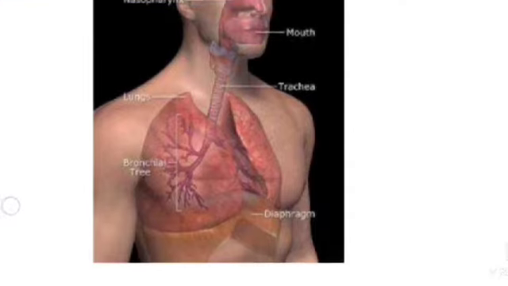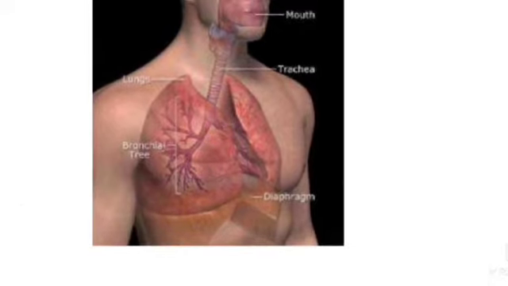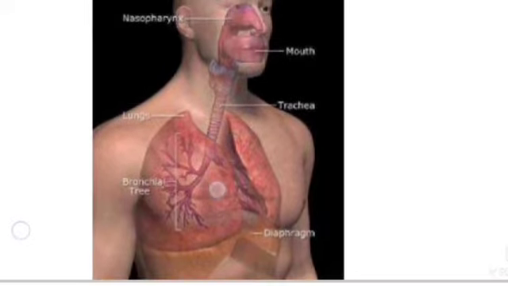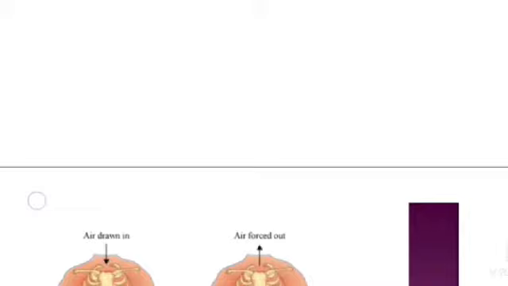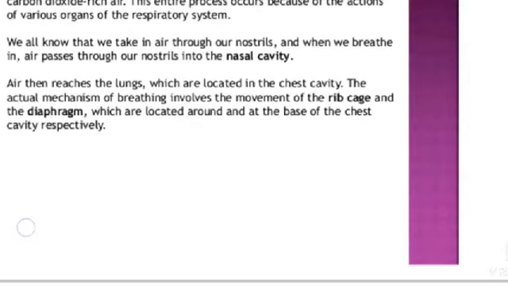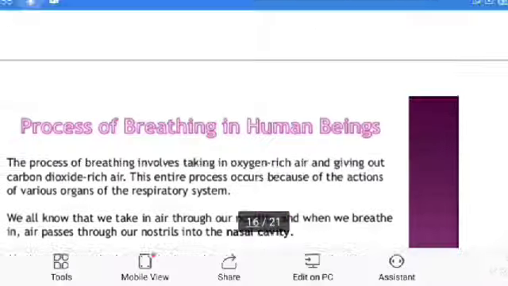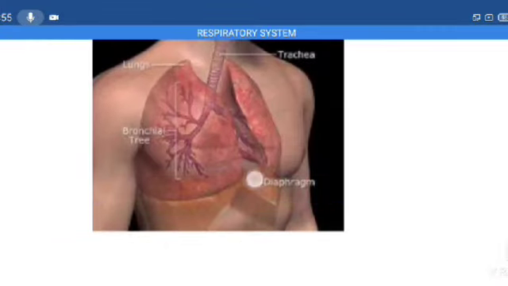Air then reaches the lungs, which are located in the chest cavity. The actual mechanism of breathing involves the movement of the rib cage and the diaphragm, which are located around and at the base of the chest cavity, respectively.